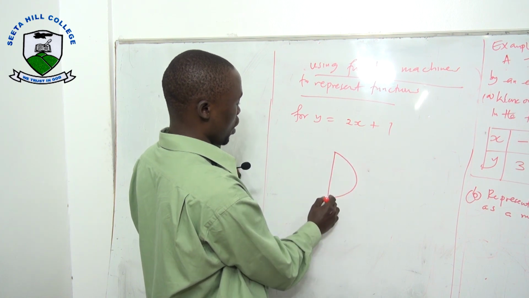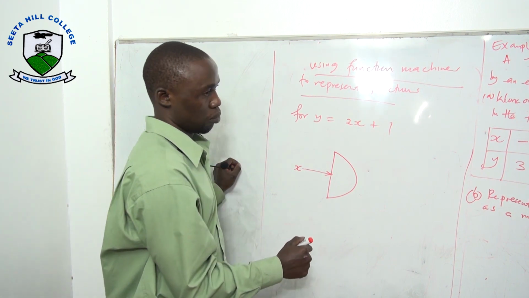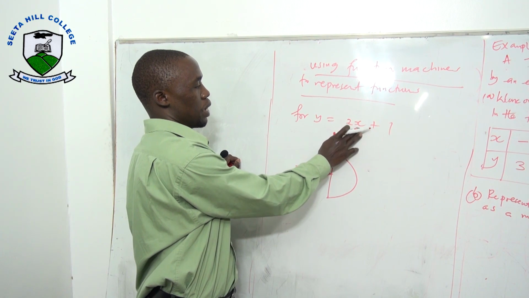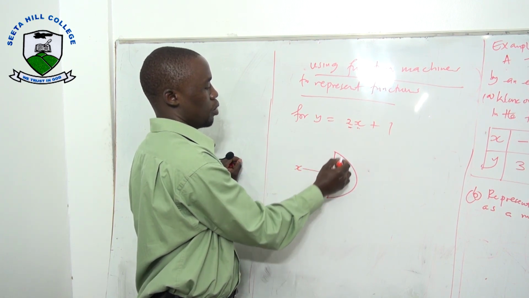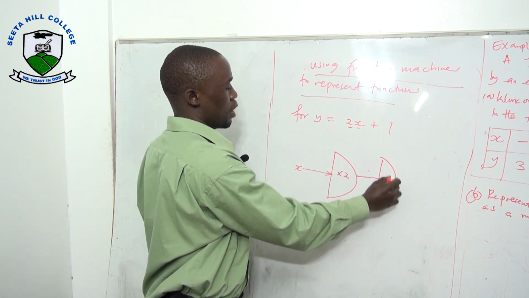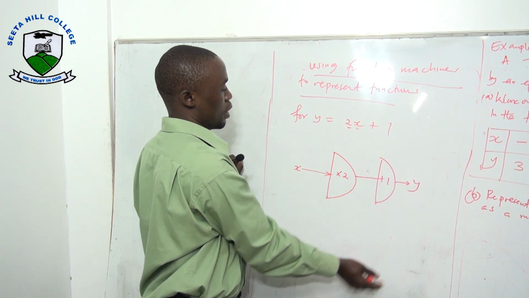We have where we are feeding in, but the first operation we are doing is multiplying x by 2 first, then followed by plus 1 to give us y.